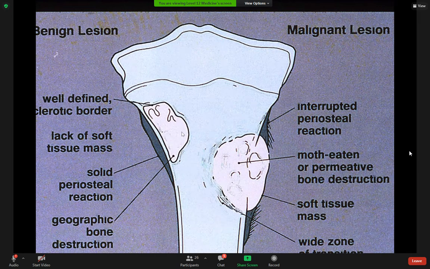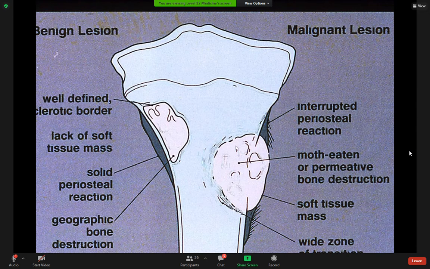You can see the borders here, sharp, clear borders. And you can see here, the borders are hazy. You cannot tell the cut point between the lesion and the bone. It's a hazy, wide zone of transition. This is one. The periosteal reaction is irregular. You can see it, sharp, irregular periosteal reaction, while in the benign lesion it will be a solid, clear periosteal reaction.